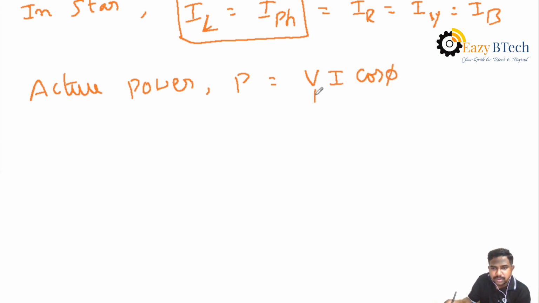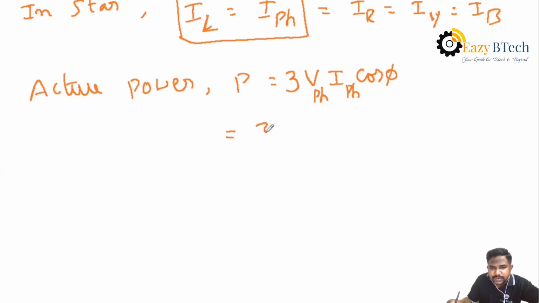By default, the currents and voltages are phase values, VPH, IPH, cos phi. VI cos phi is for the single phase system. That's why for all three phases, the total is 3 into VPH, IPH, cos phi.